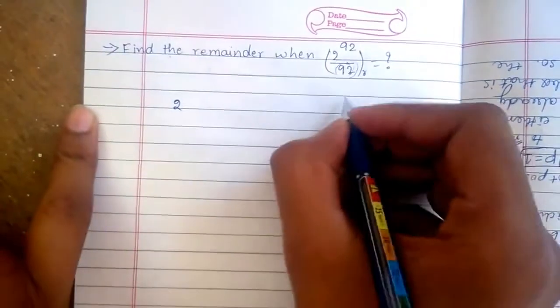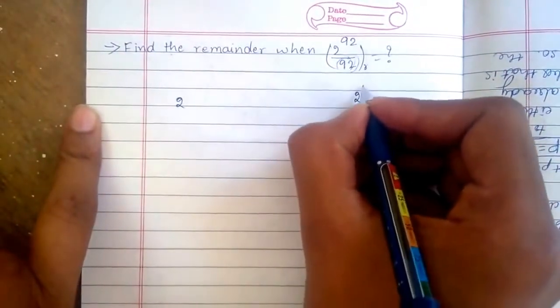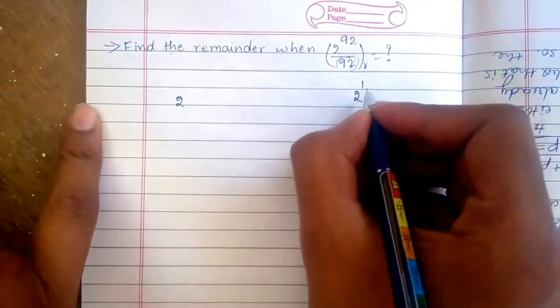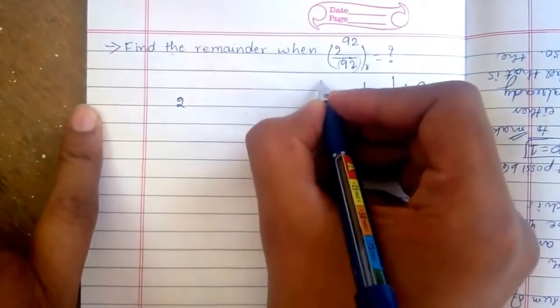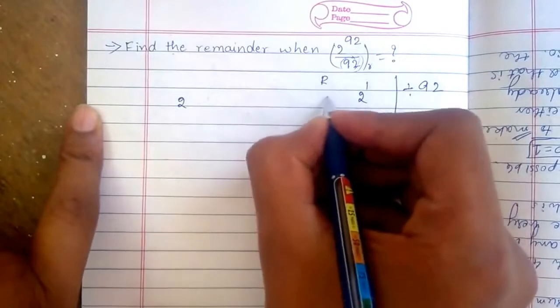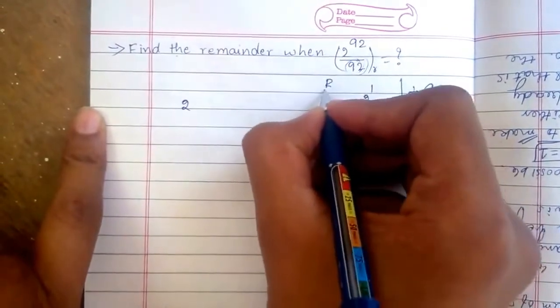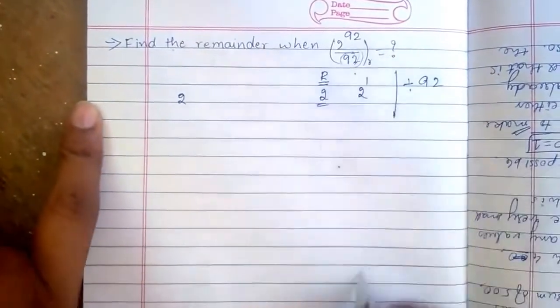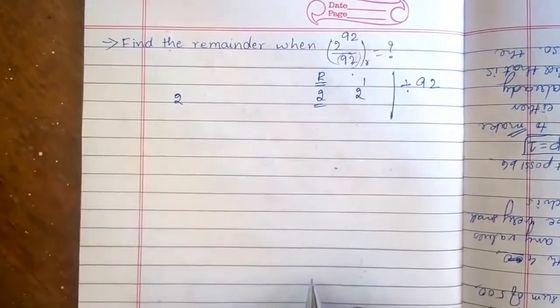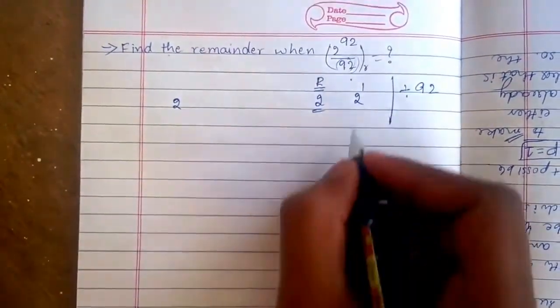Write the first power of 2, 2 power 1, and since we are dividing by 92, it gives the remainder 2 itself. We will write the remainders and powers here. This is a sort of tabular column that we are going to make use of.